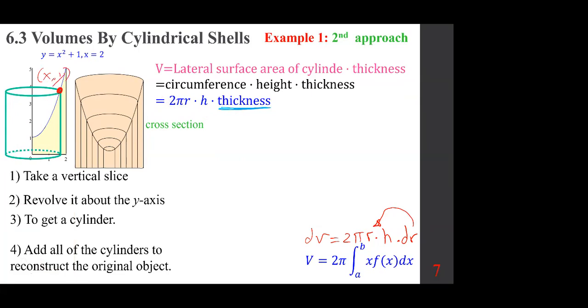I hope you realize the x is the r, and the y is the height.